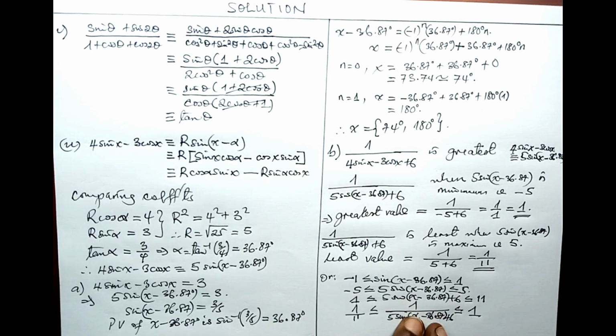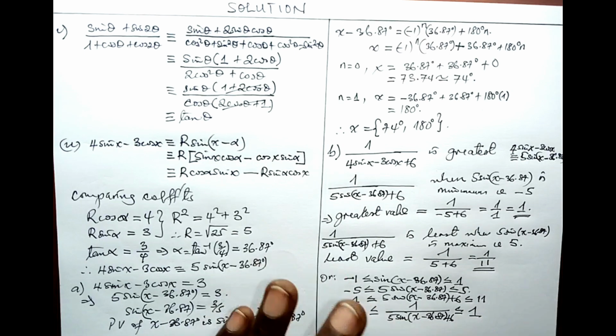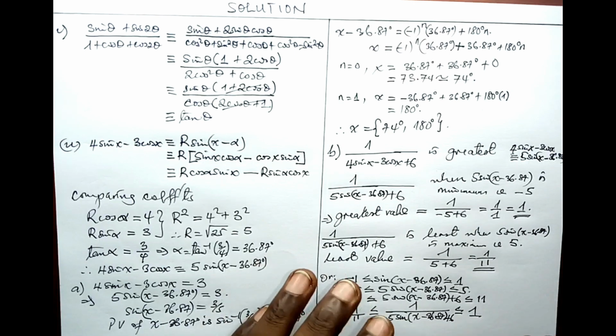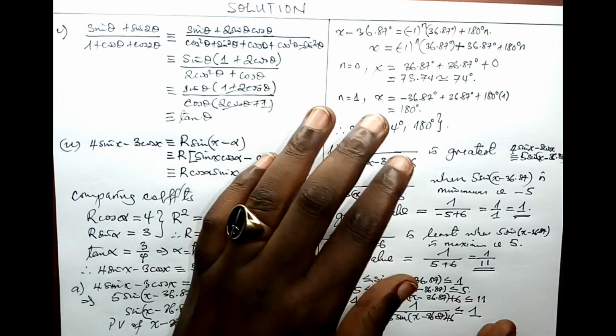The minimum value is 1 over 11, which corresponds to what we had there by just using arguments and concluding. And the maximum value again is 1, the same value we had up there. So take note, whatever method works for you, you should use, but I think this method is good. It's simple and shorter too.